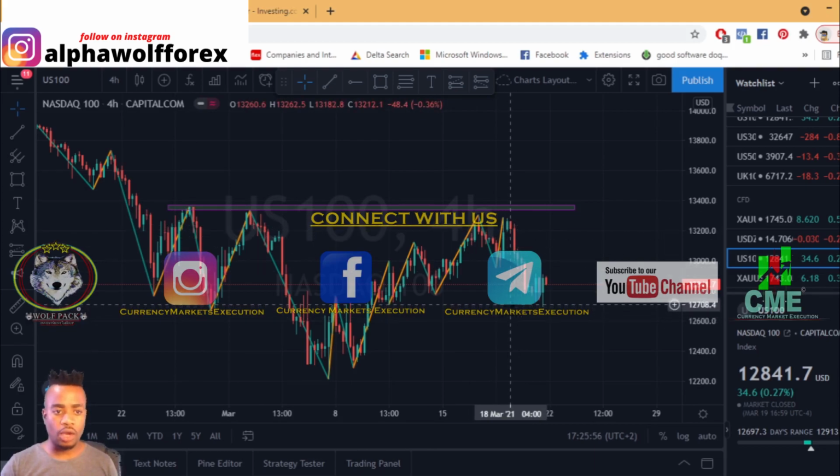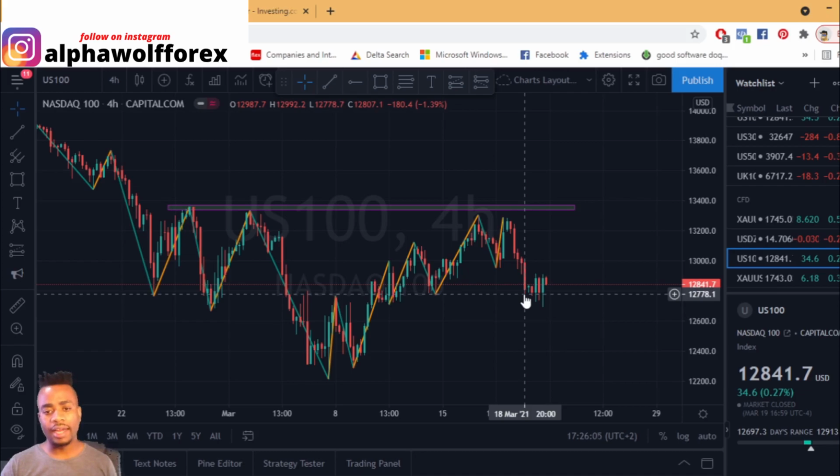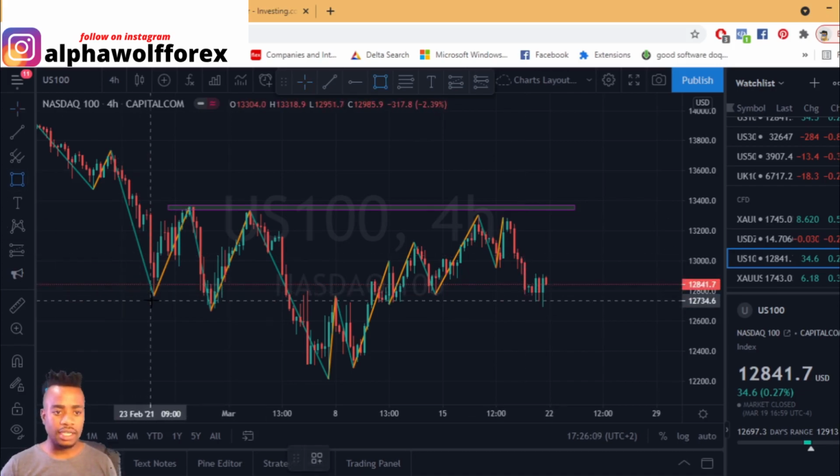And then you look here at what the market is doing. There's another support region here. One thing about the market is whatever happens on the left always repeats itself on the right-hand side. So you can see clearly that we have another very strong support zone here.